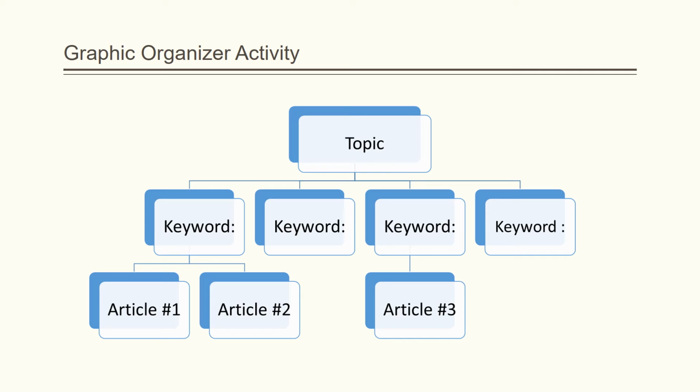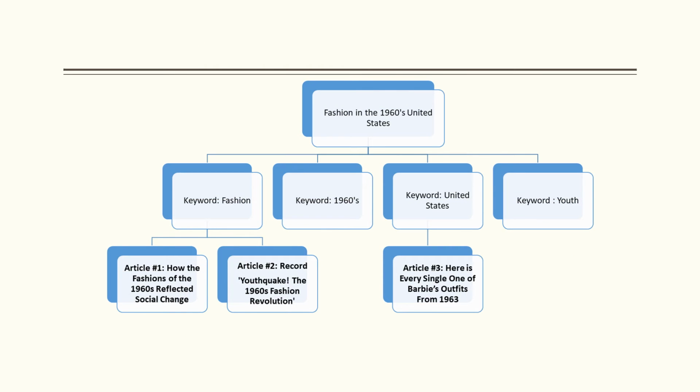You want to look for up to 3 articles. With the time frame, you may not get 3 articles. You may get 1 or 2, but that's okay. The key is you're able to search the database, use keywords, and find articles to help you find information about your topic. So when I completed my activity, this is what I came up with.